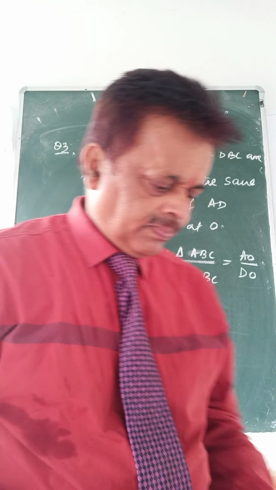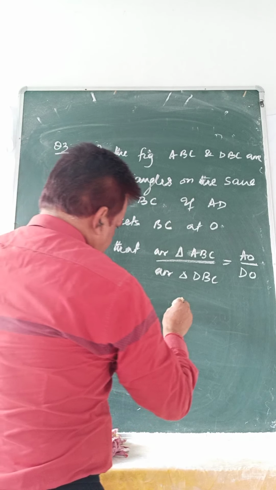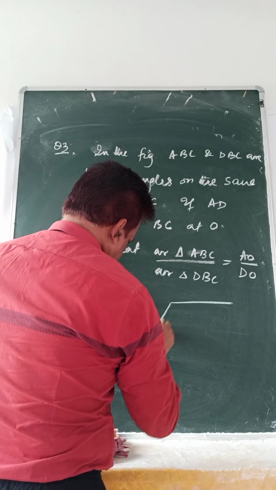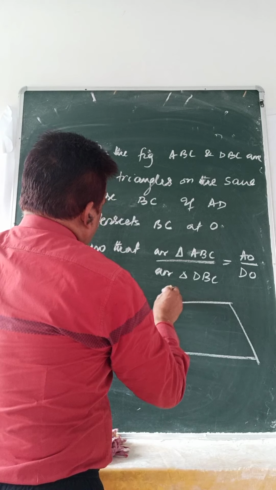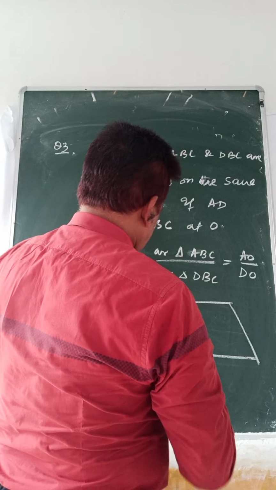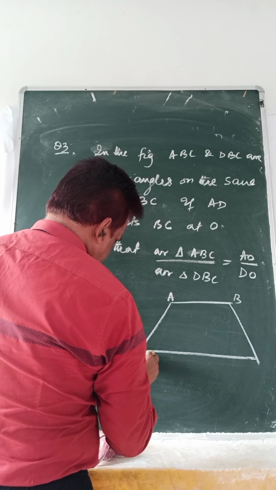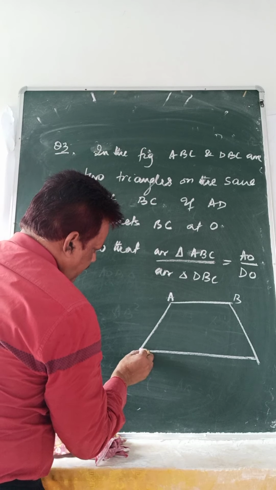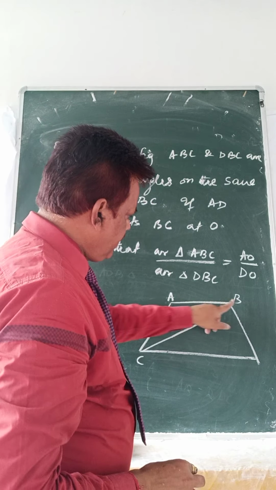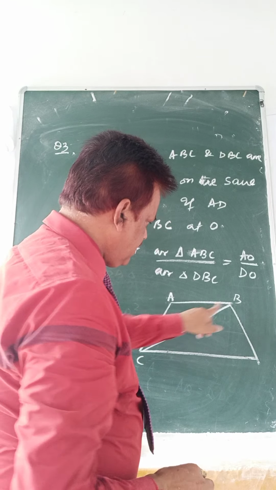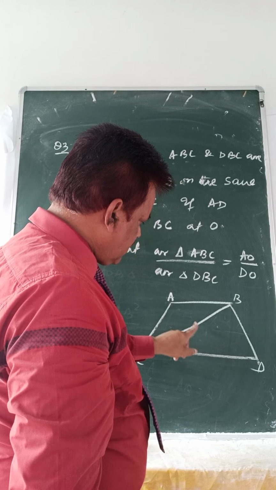Okay, see, this is a very technical question. Suppose ABC triangle, this is A, this is B, this is C. On the base BC, ABC and DBC are on the same base.